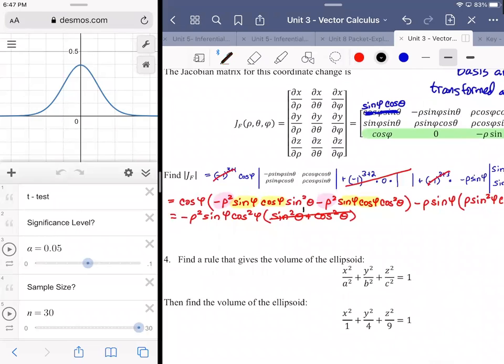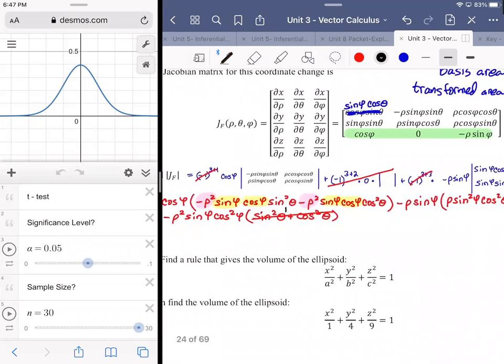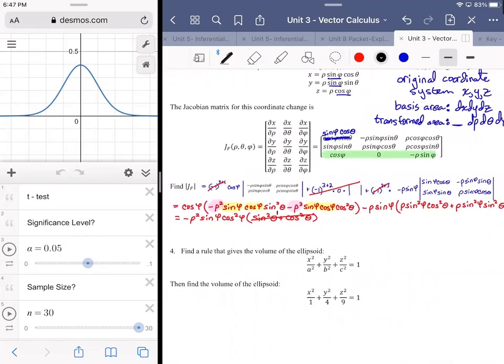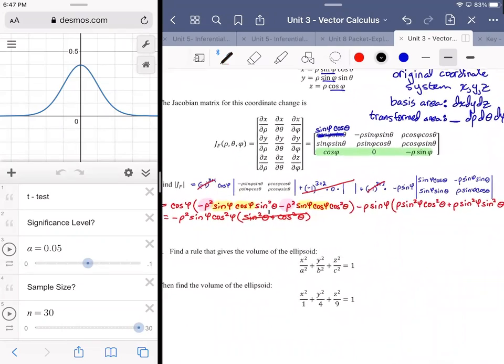All right, so we're going to have another GCF on the other side. I'll try to show as much as I can for as long as I can. So here I see that we have a common rho sine squared phi. Let's pull that out.